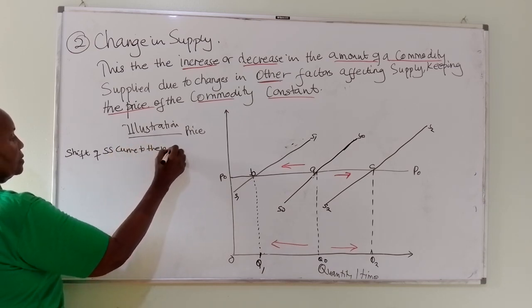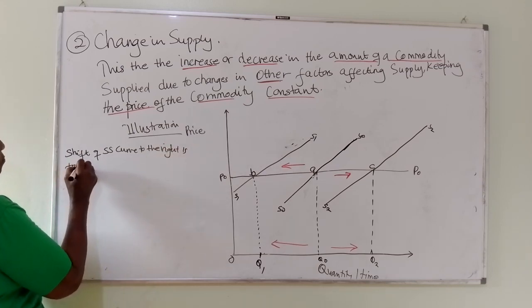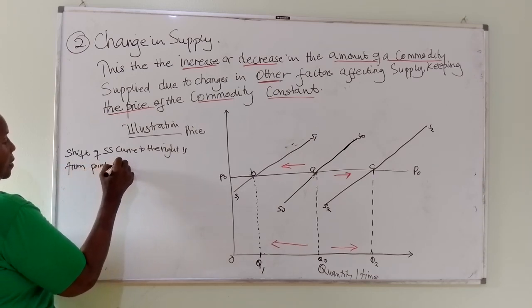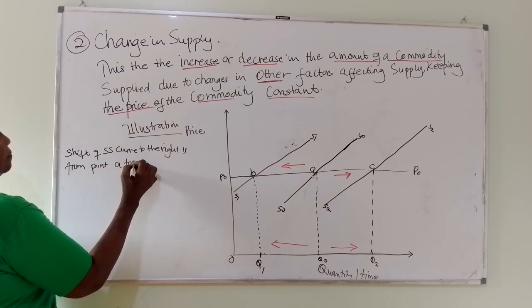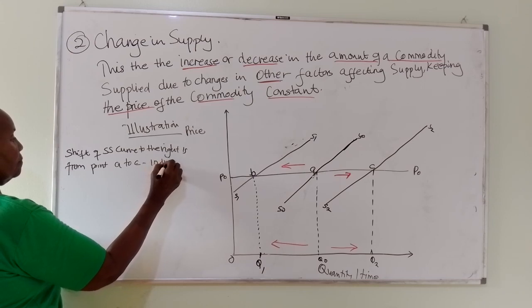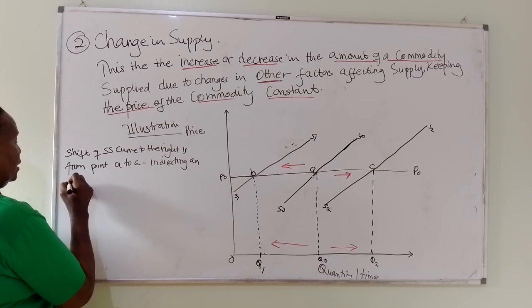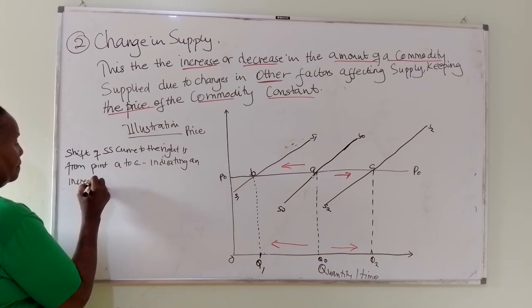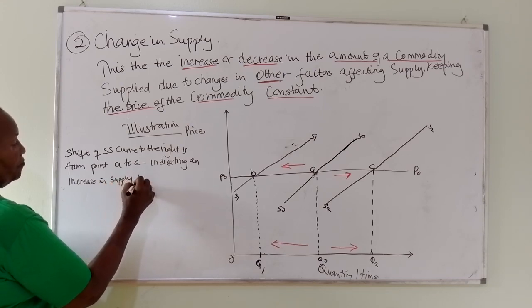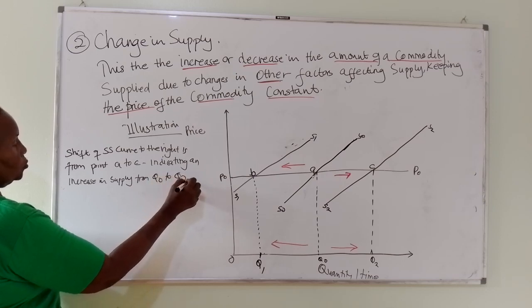Shift of the supply curve to the right is from point A to C, indicating an increase in supply from Q0 to Q2.